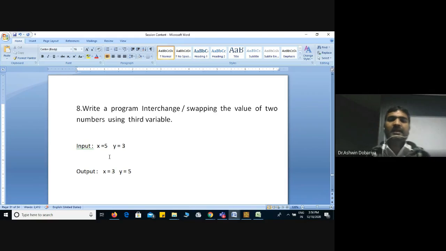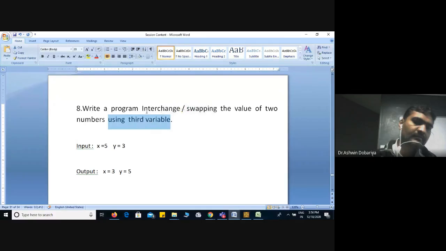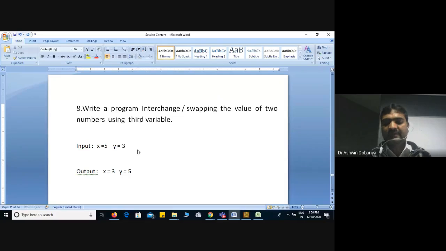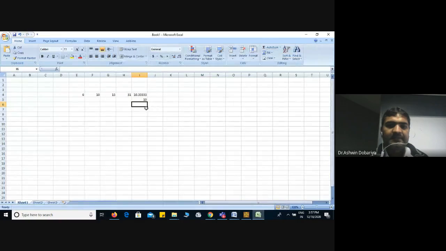And see here, they have also mentioned using a third variable. What do you mean by third variable? Here I will declare one third variable. Let me take another practical example. Suppose this is one chair, and this is another chair.